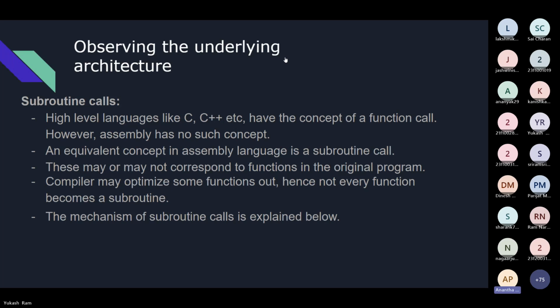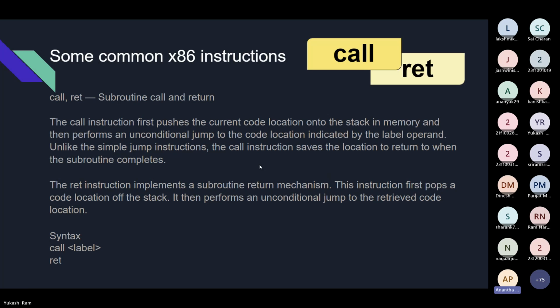Put the next slide. So the subroutine call consists mainly of two assembly commands, which are call and ret. What the call instruction does is it puts the current code into the stack, and then it goes there to execute it.